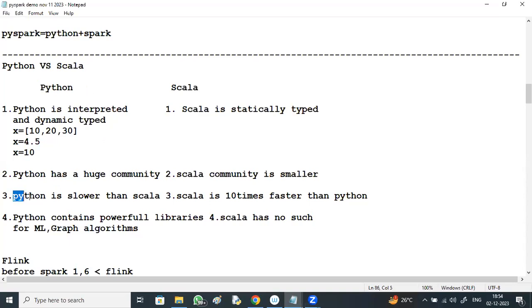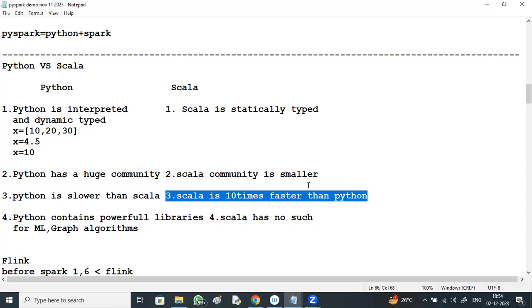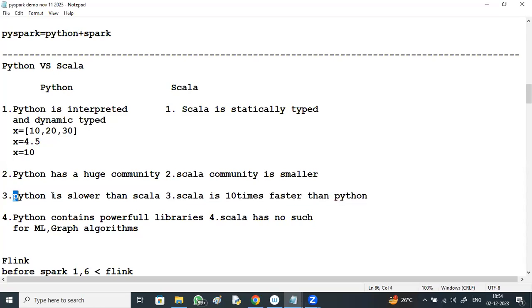One advantage of Scala over Python is that Scala is 10 times faster than Python. Python is slower than Scala. That's the only thing.